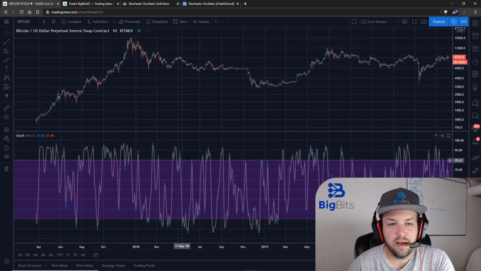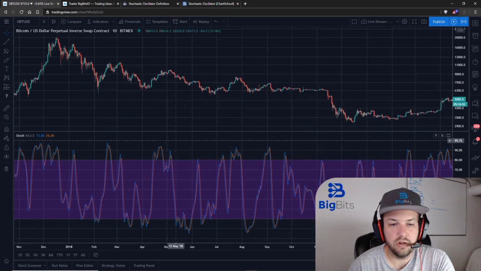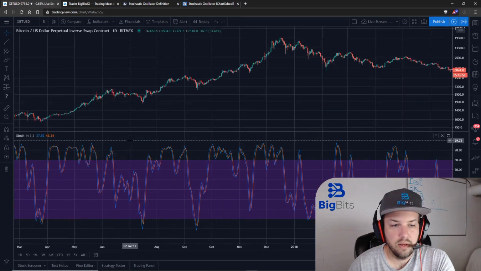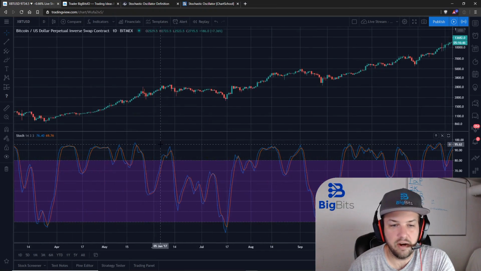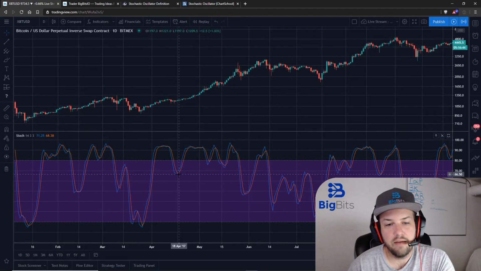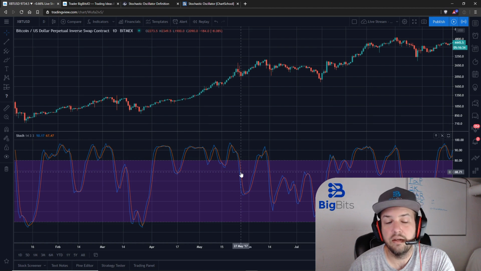I'm trying to find a better example of one on the daily chart on Bitcoin here, and you can see this particular area, it never went below the value of around 66 from, let's see, pretty much April 1st all the way until the end of May.